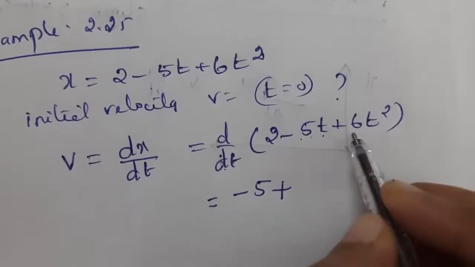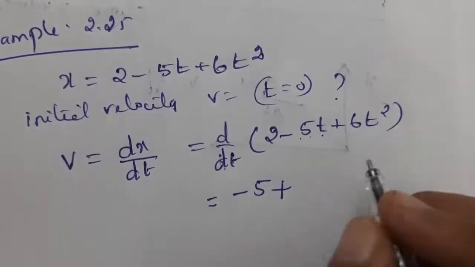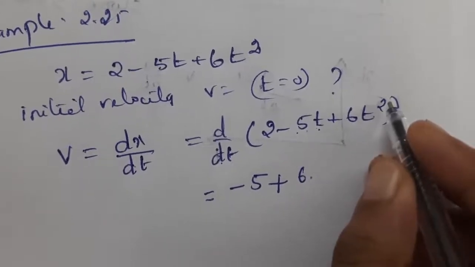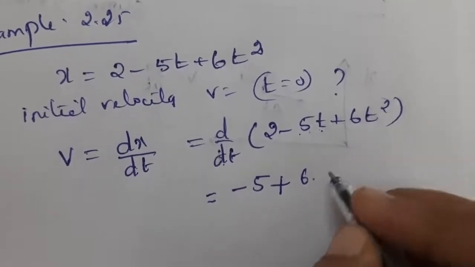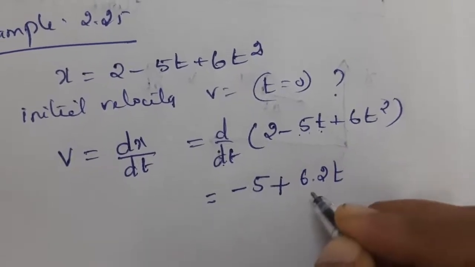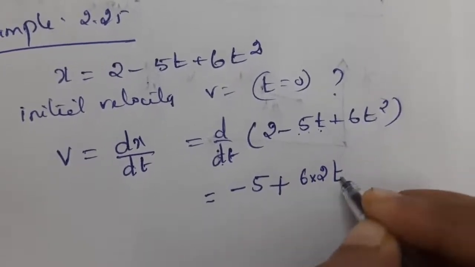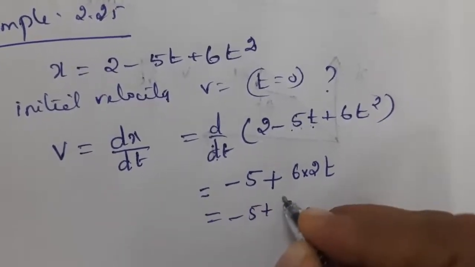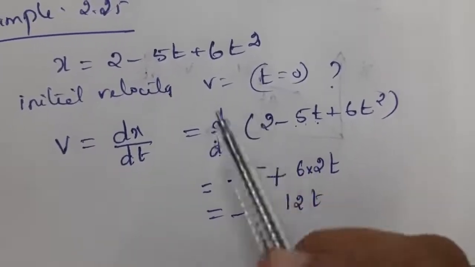Plus differentiation of 6t square. That is 6 into, for x power n, n into x power n minus 1. So 2 into t power 2 minus 1, that is 1. So we can write 6 into 2 into t. That is minus 5 plus 12t.